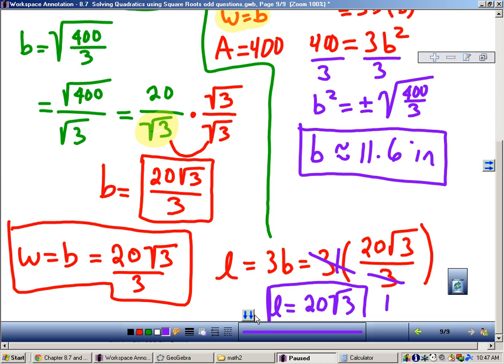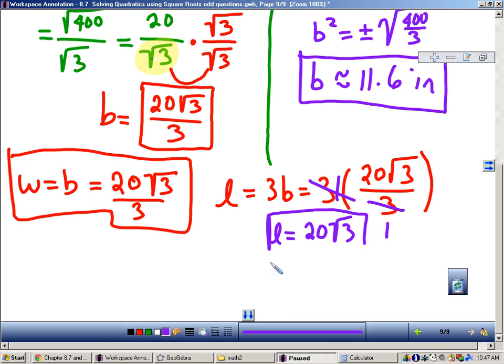And so now I have the length and the width. And so the area of the rectangle is 400, but let's show that it's 400. And so length and width, just go over here.